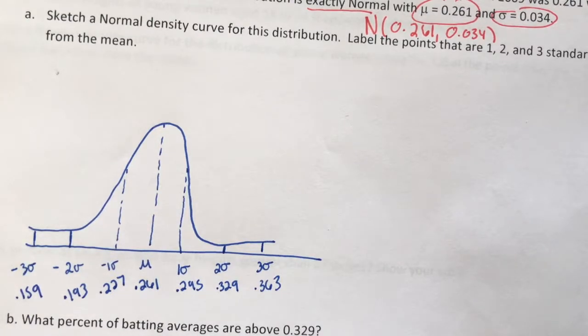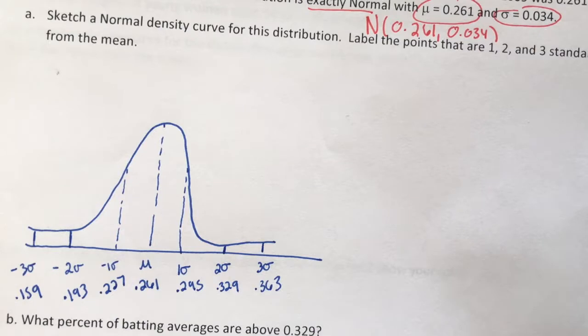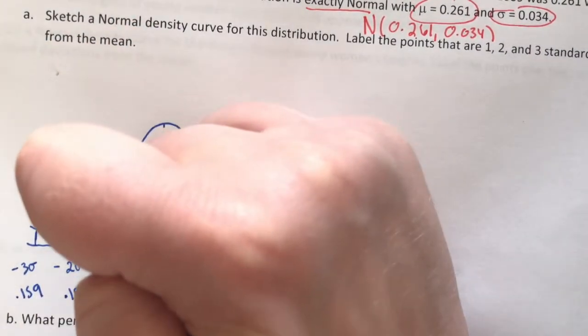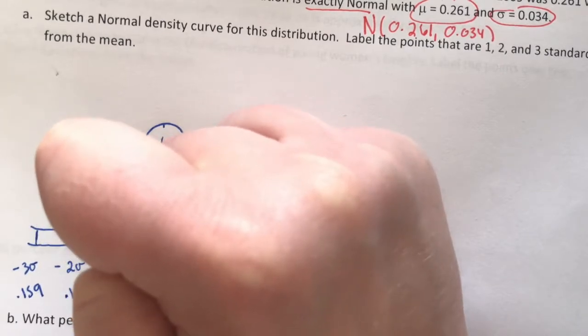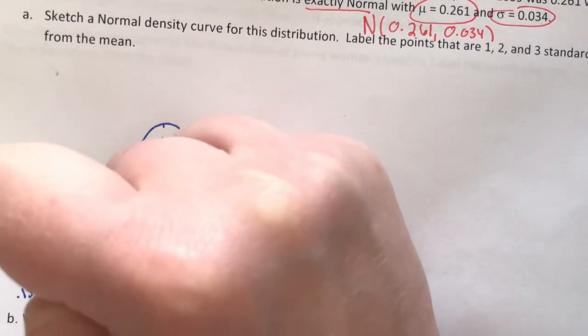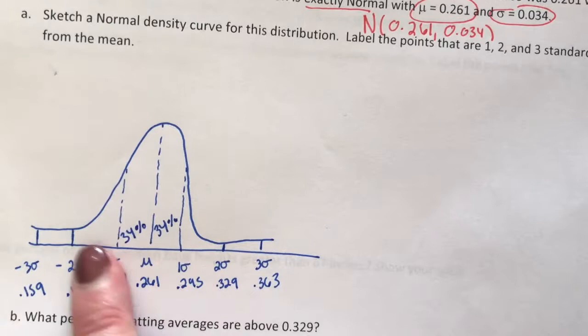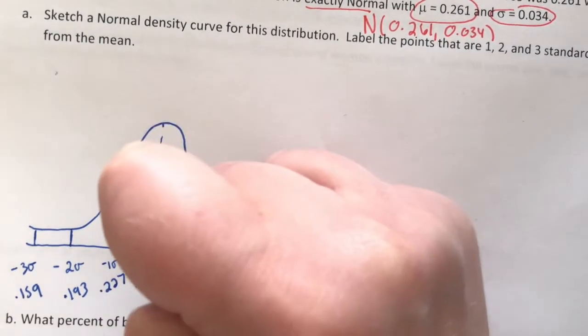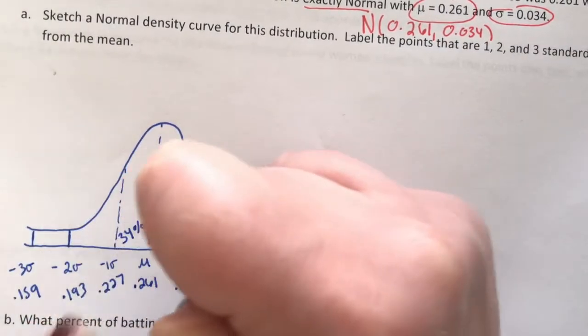So we went ahead, we sketched our normal density curve for this distribution. We labeled the points. Another thing you can do, you know that there's 68% that fall within 1, so you can put your 34% within 1 above and within 1 below. We know 95% is going to fall within 2. So if we subtract 68 from 95, we're left with 27, and we're going to split that up between these 2 pieces right here.